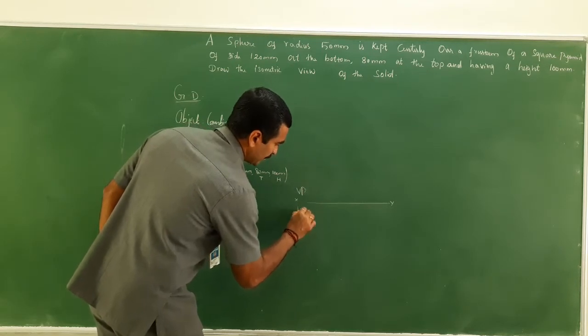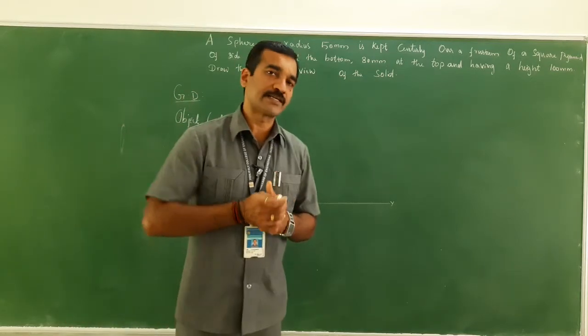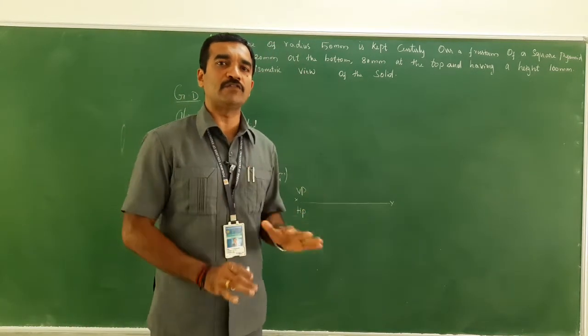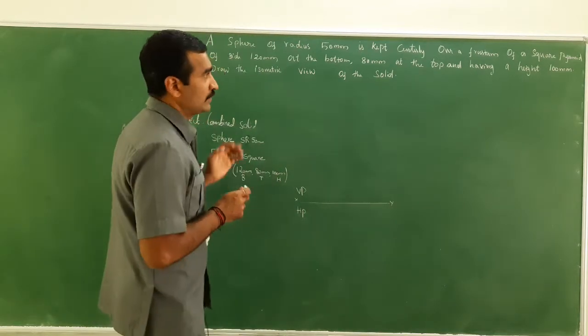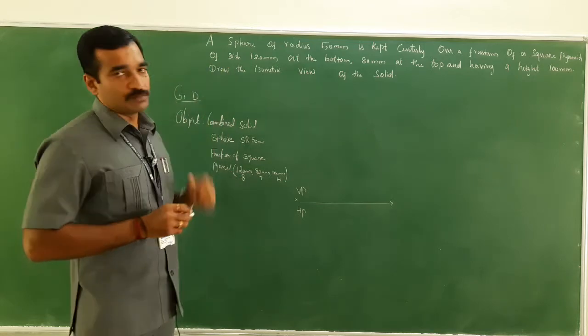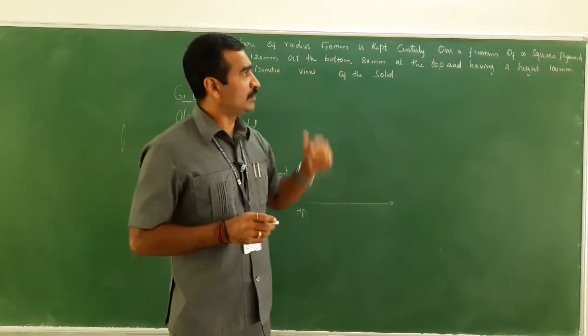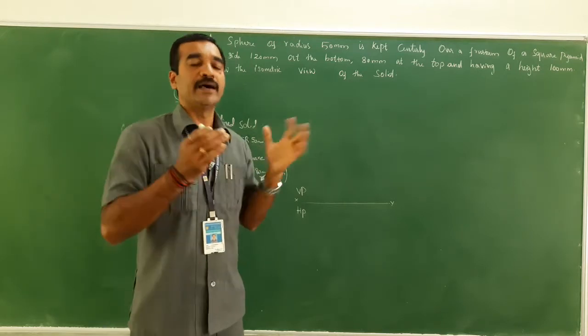So, VP, HP. As far as isometric projection is concerned, the object will always be placed on HP in a vertical manner, right? First, look at the size of the object. Here it is 120 mm, 80 mm, 100 mm, which is a slightly higher dimension.